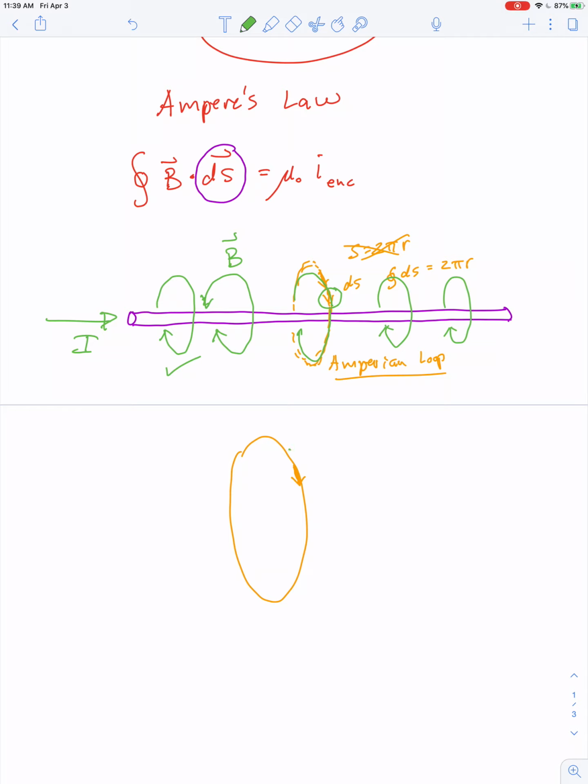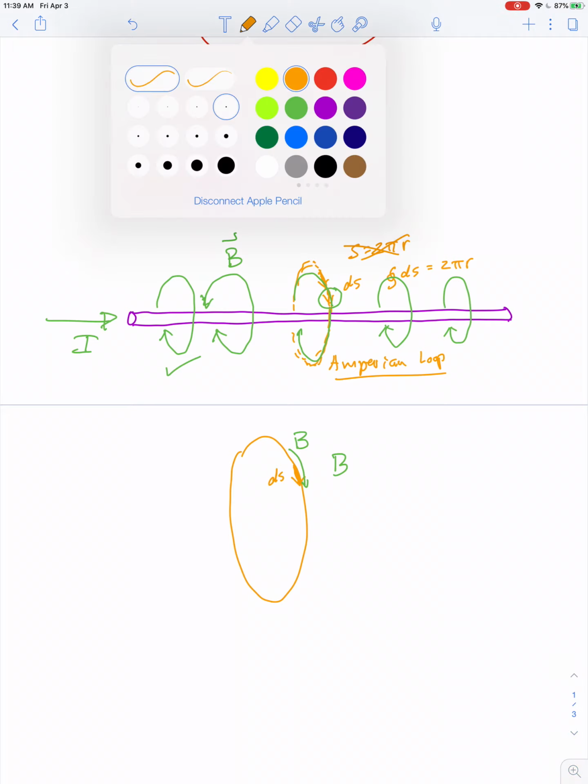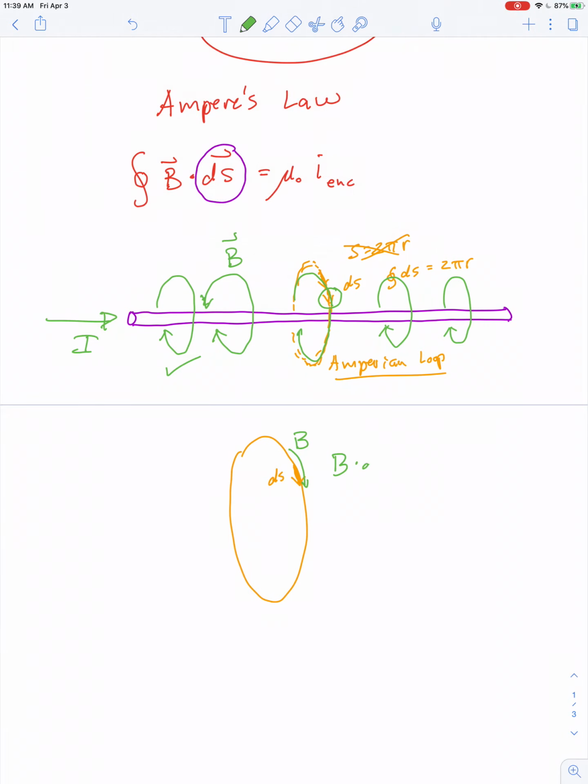The magnetic field at this point lies completely parallel to my Amperian loop, meaning the dot product between B and ds is maximized. B dot ds should be the same thing as B ds cosine theta, but the angle between B and ds is 0 degrees, which just gives me 1.